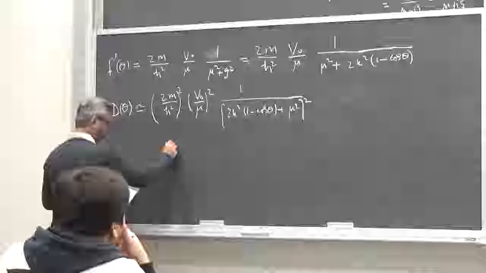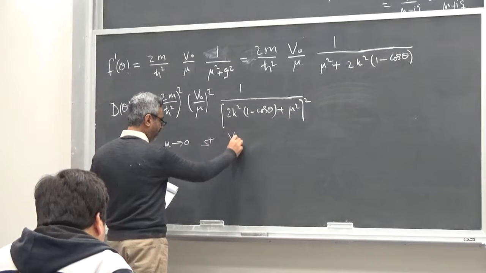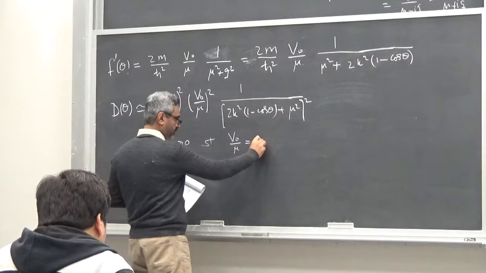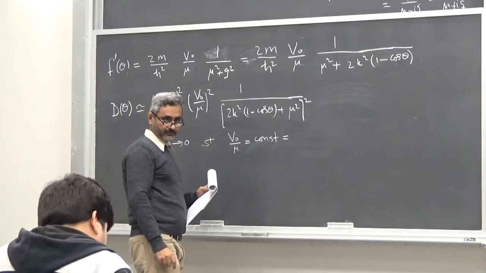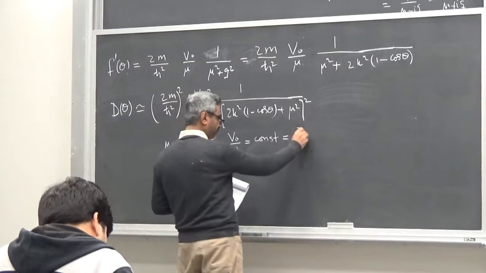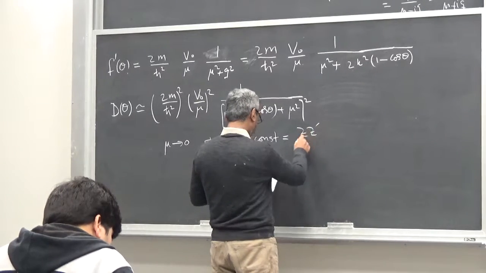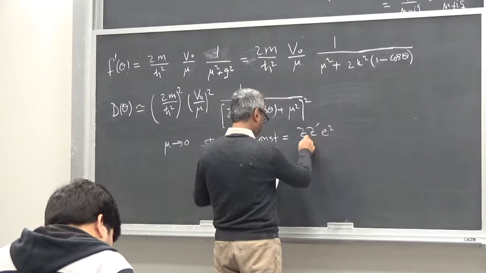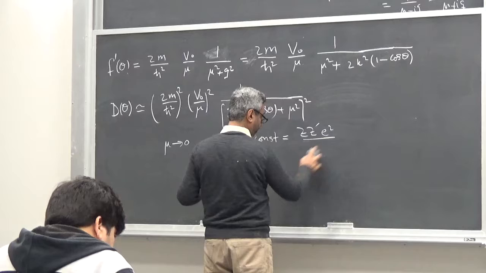Mu goes to 0 such that v naught over mu is a constant, and that constant is equal to z z prime e squared. That's it.